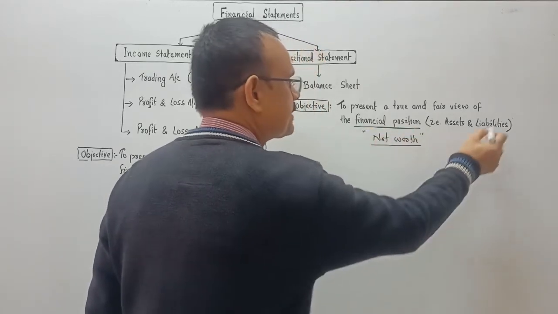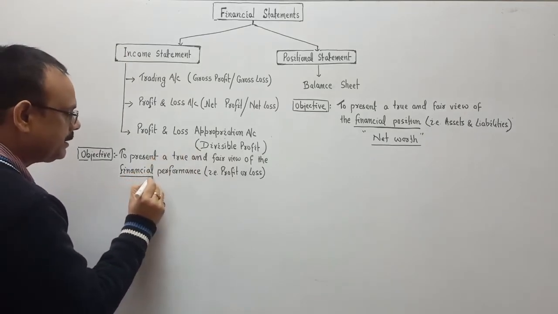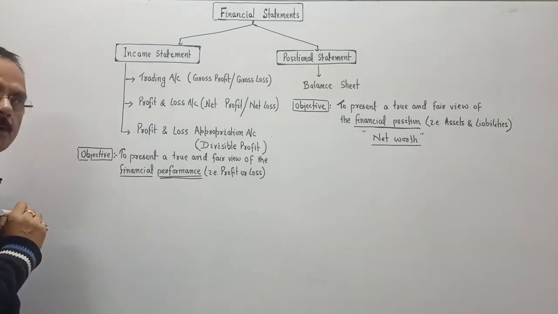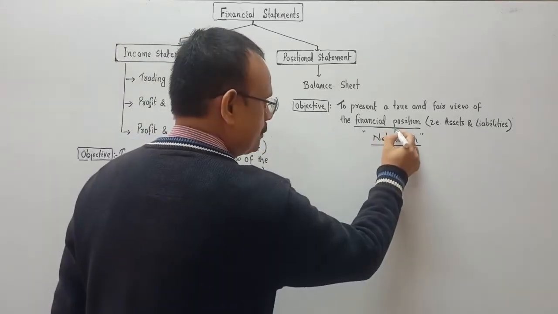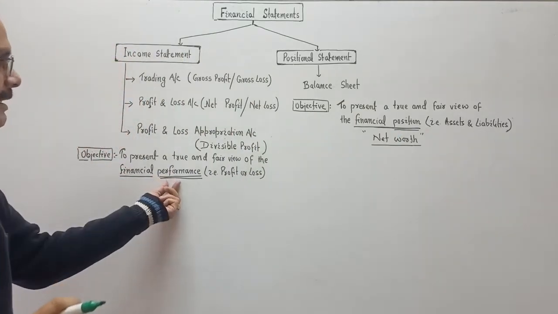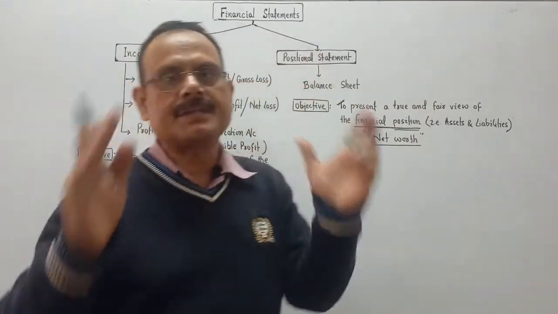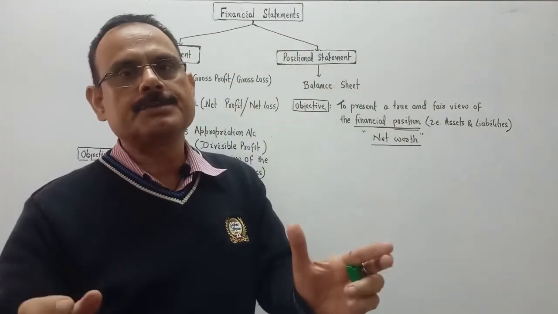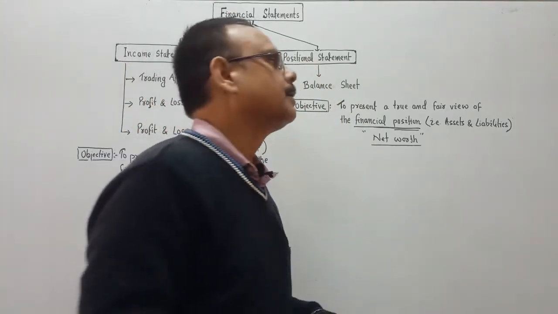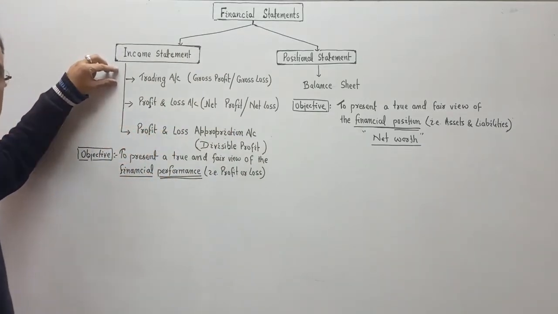Financial position, that is assets and liability, and here the true and fair view of financial performance. Here we want to know the performance, and here we want to know the position. So there are two different words: financial performance in terms of profit and loss, and position in terms of assets and liability, in terms of net worth of the business. So coming one by one, first we will start with the trading account.